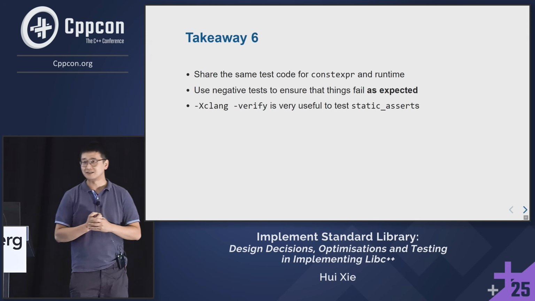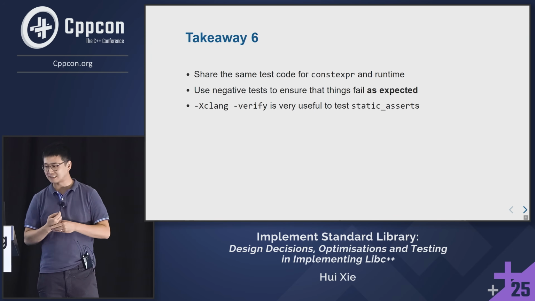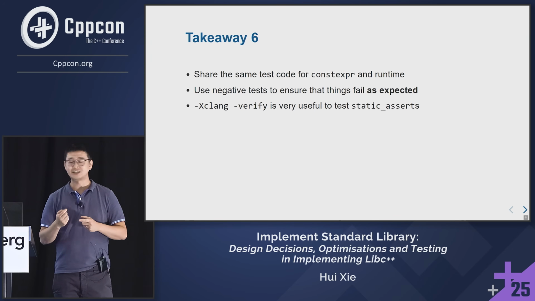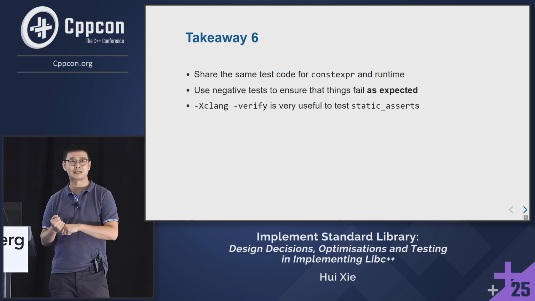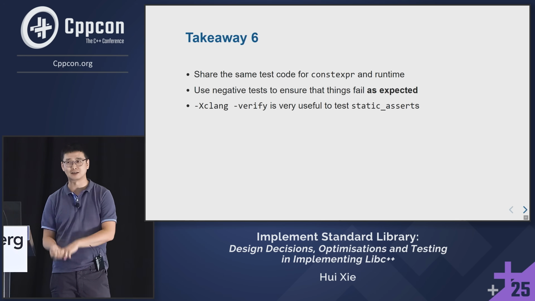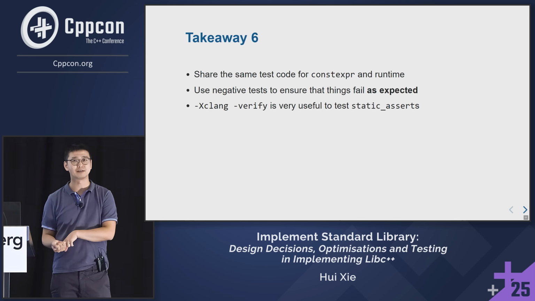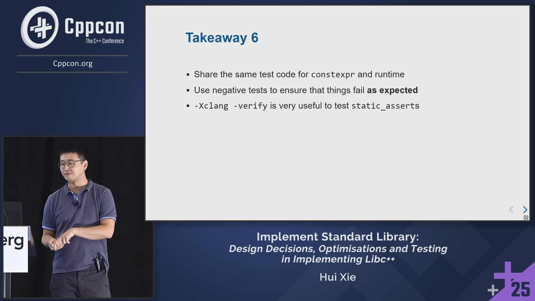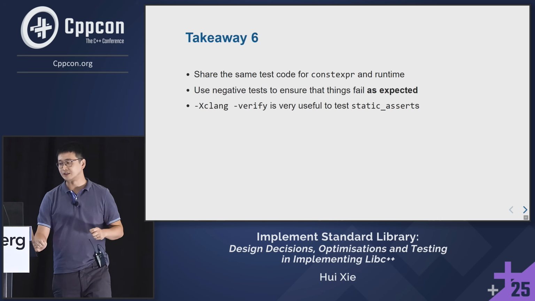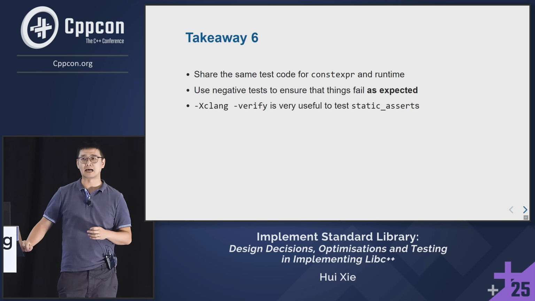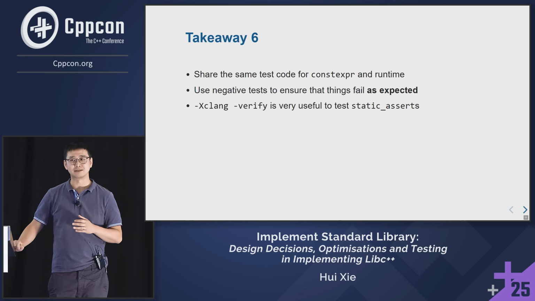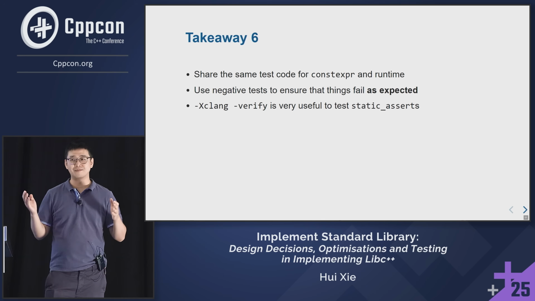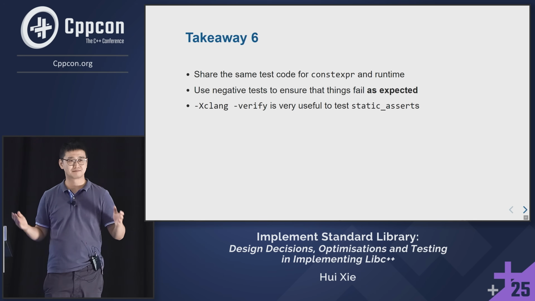So the takeaway of this testing is that we share the test from the compile time test and runtime test with a simple constexpr function. And we use negative tests to ensure things fail as expected. Right, so if something fails, we don't just fail.